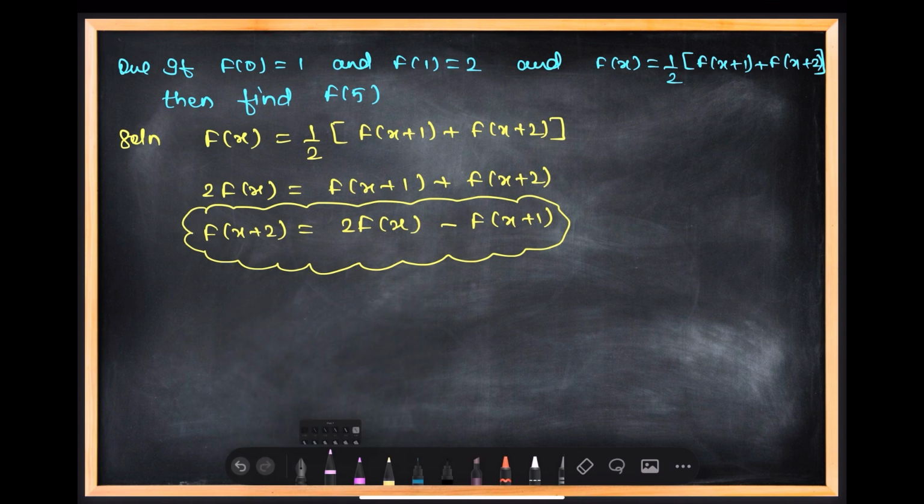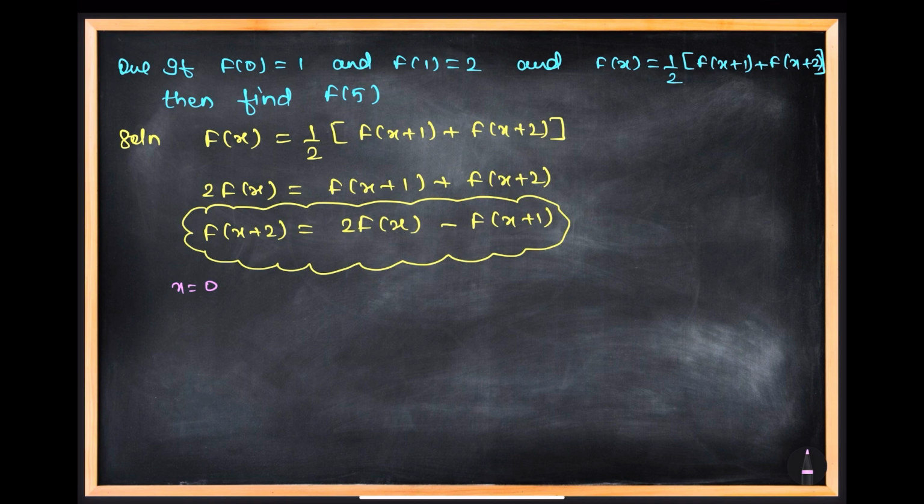If you observe this situation, you will feel that yes, it is a degrading series. Now look at this. You need what? f5. Okay. So look at this, how we will approach. They have provided us f0 and f1. Okay. So what we will do, we will put x equals to 0.